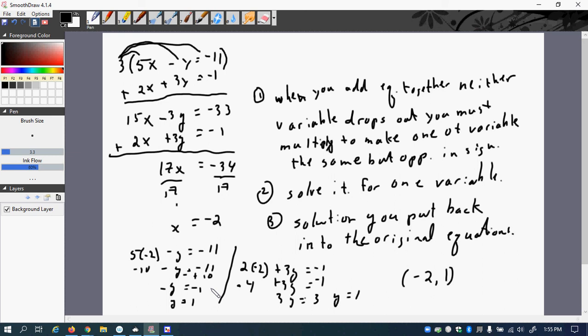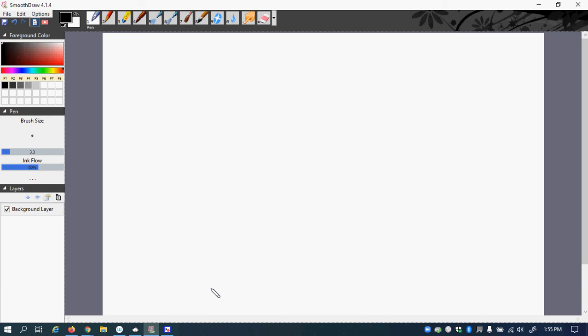Let's do a different problem. Let's say you have 3x plus 2y equal to 1, and then the other one is 2x minus 3y equal to 5. Okay? So right away, I can't eliminate by adding both equations together.